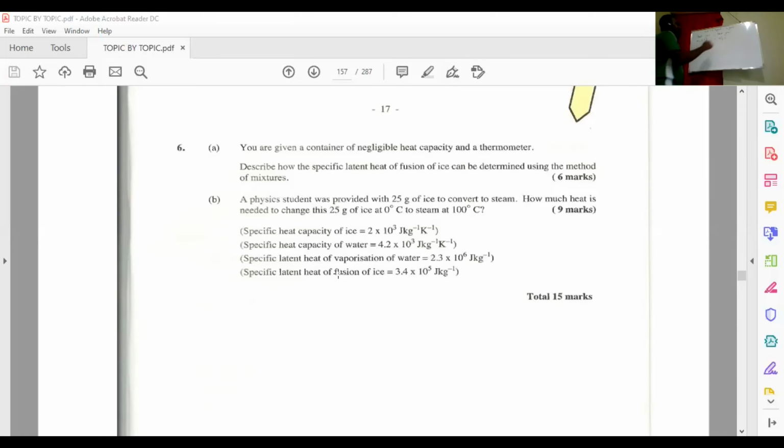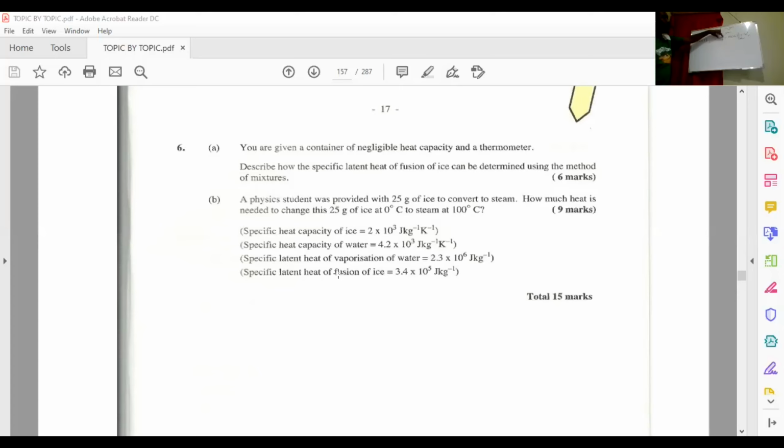Plus, it's now going to change temperature in order for it to start going to gas, right? And then we have it changing to a gas. So this is for water, right? So the heat supplied is to change the temperature of the ice for it to start melting, right?